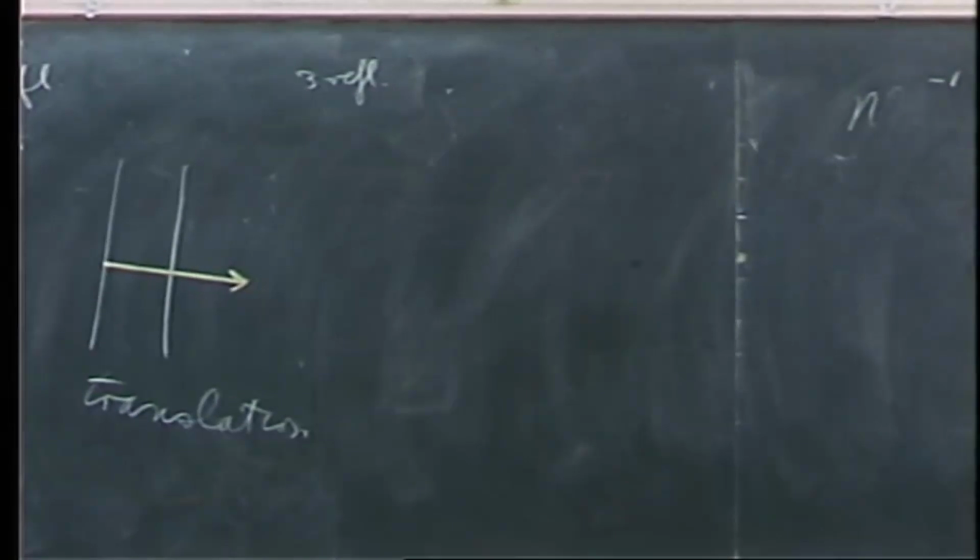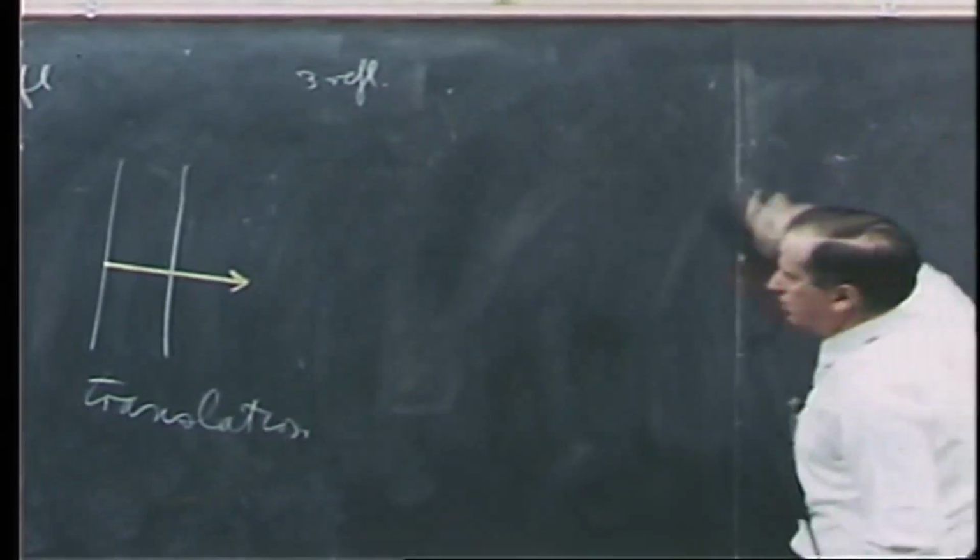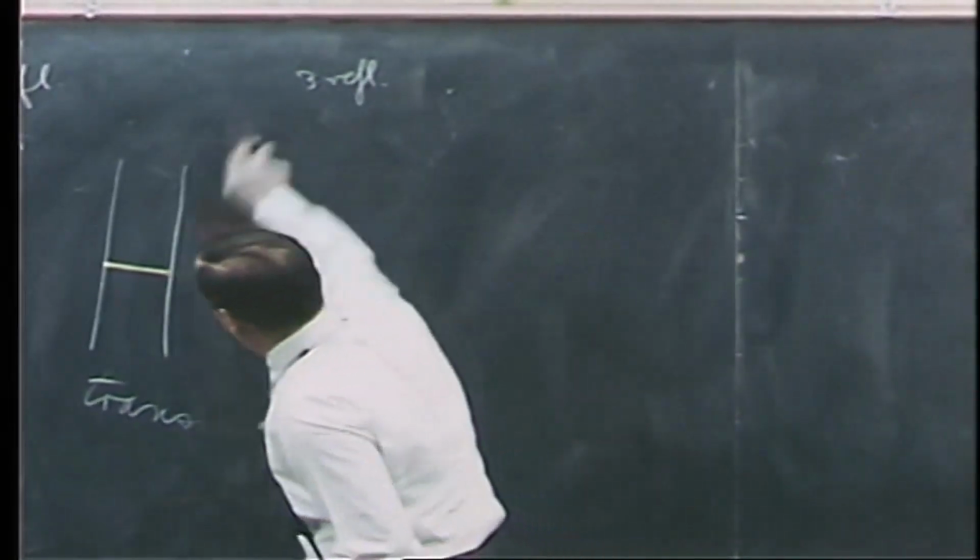First members, by 1 minus y, we obtain x(1 minus y) = 0.